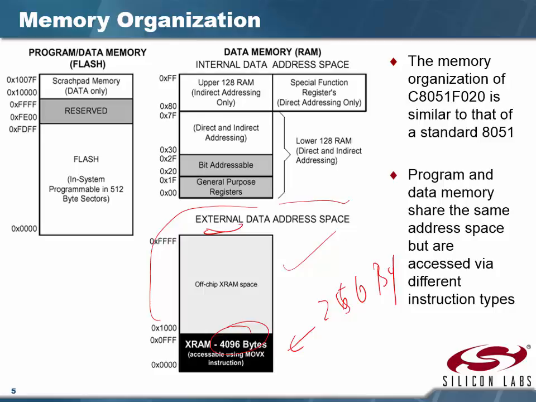If you didn't treat it as external, then 8051 software from one processor to another would not work. So in order to keep things consistent, everybody that makes an 8051 core processor will treat anything beyond the original 256 as external, even though it's still internal to the chip.